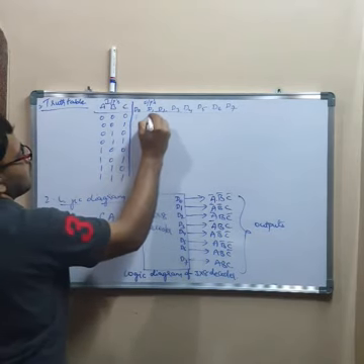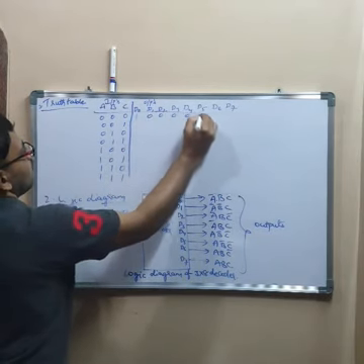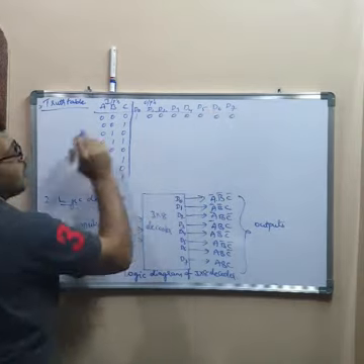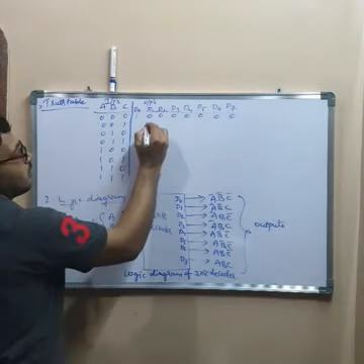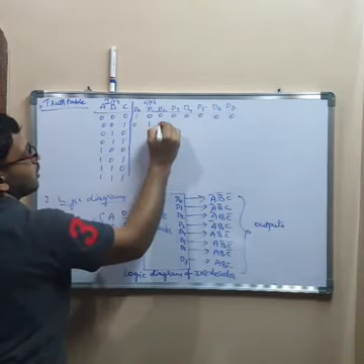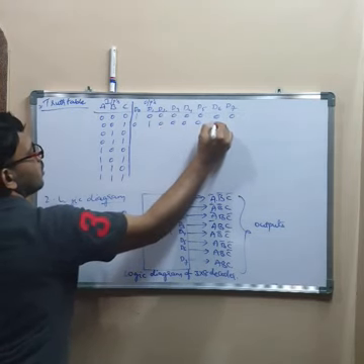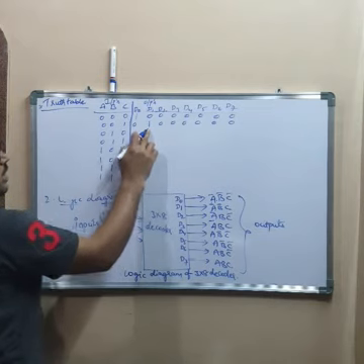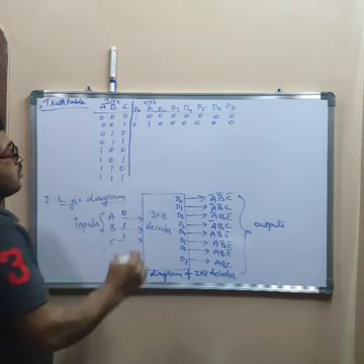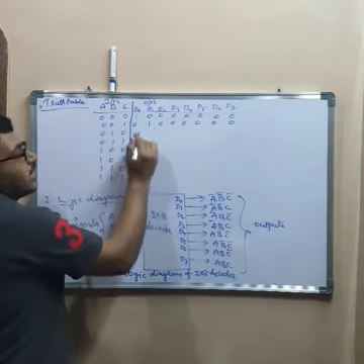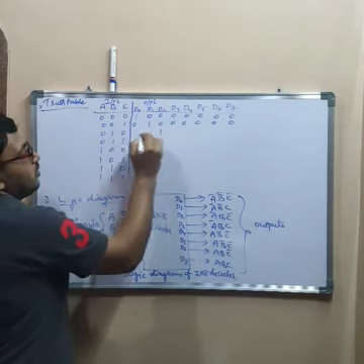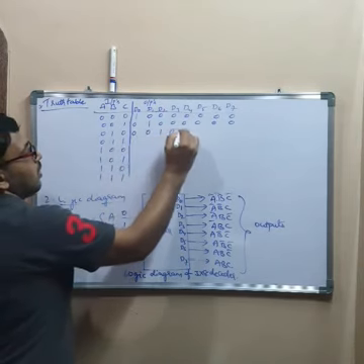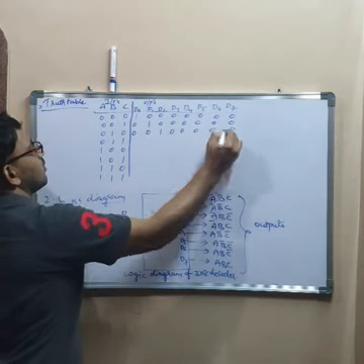So this will be 1. Remaining all outputs are 0 for this combination. For this combination, this output is 1. Remaining all outputs are 0. The meaning of this is, if you apply this combination, the corresponding output is active, or the corresponding output is activated.